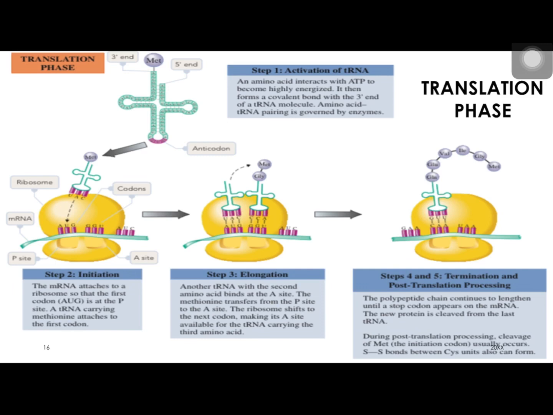What will happen in step 4 is that the polypeptide chain continues to lengthen until a stop codon appears on the mRNA. As I have said, the polypeptide chain continues to lengthen in the elongation process, no matter how many amino acids are linked together, 200, 400, it doesn't matter.